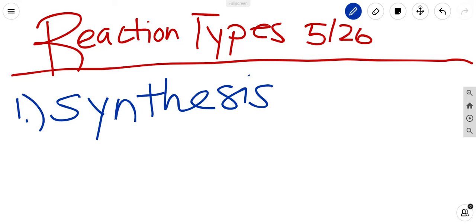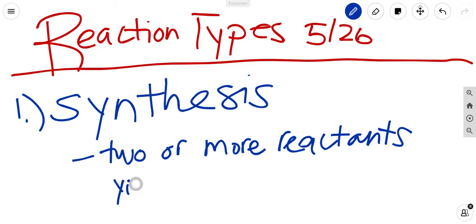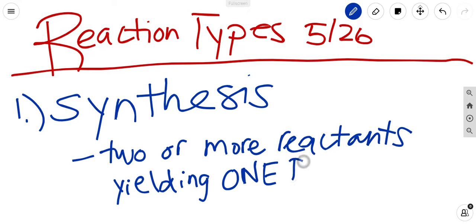So synthesis is 2 or more reactants. Those are our things. Yielding one product.